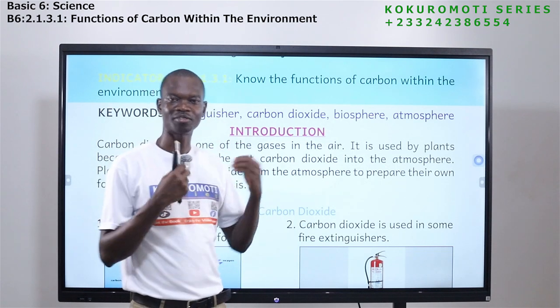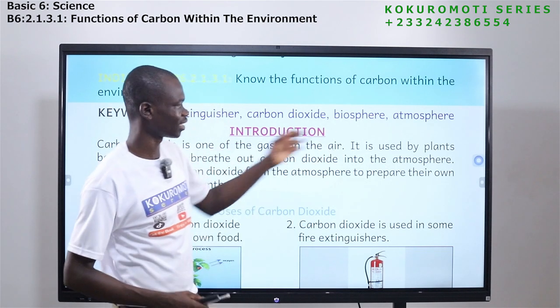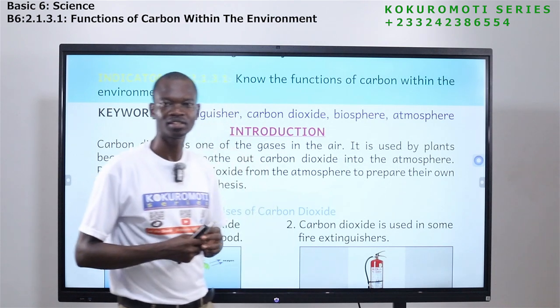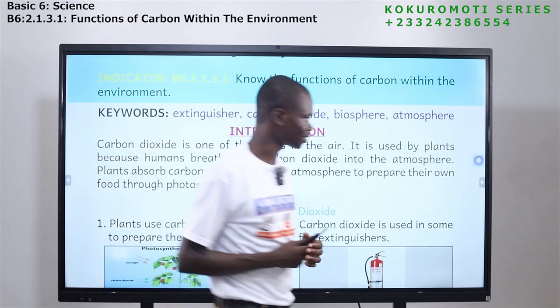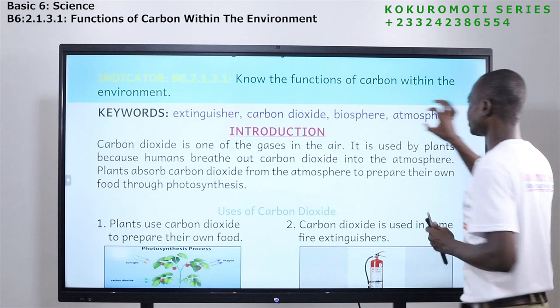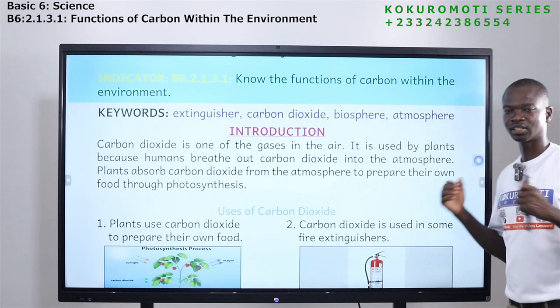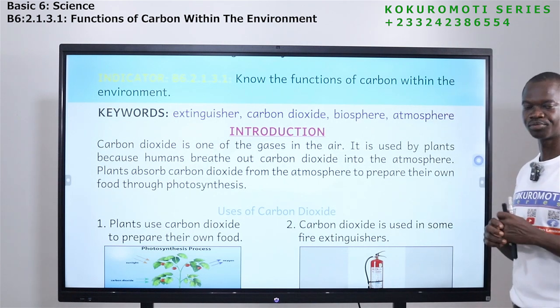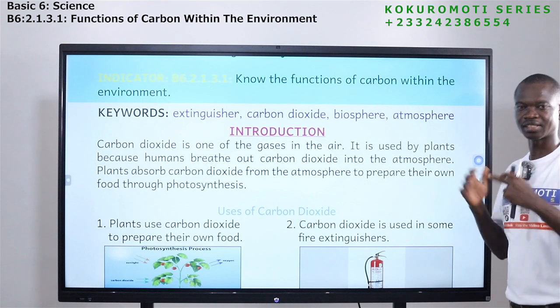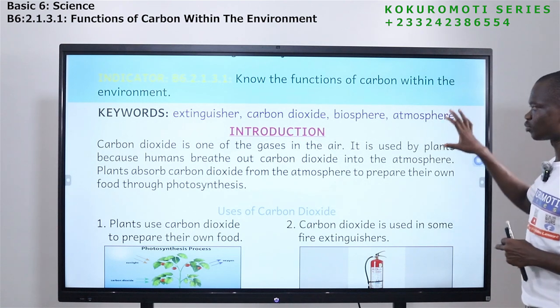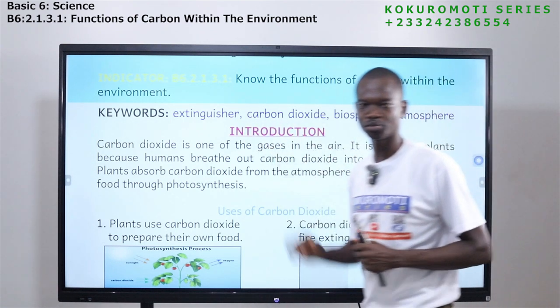In the air, we have birds. So the part of the planet where lives exist is what we call the biosphere. And then atmosphere, we are talking about the gases that are found on the surface of Earth. That is the atmosphere. These are the keywords that we will look at.